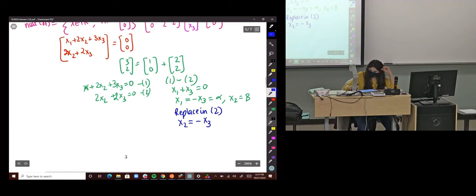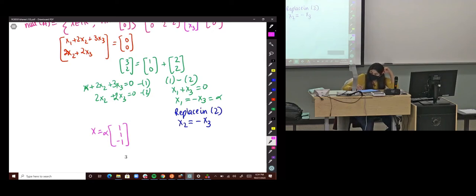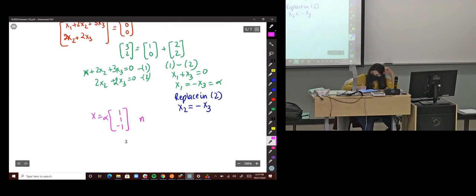Then your null space is simply alpha times 1, 1, minus 1, which makes sense. And then we say the null space of A is the set alpha times 1, 1, minus 1, such that alpha belongs to R.